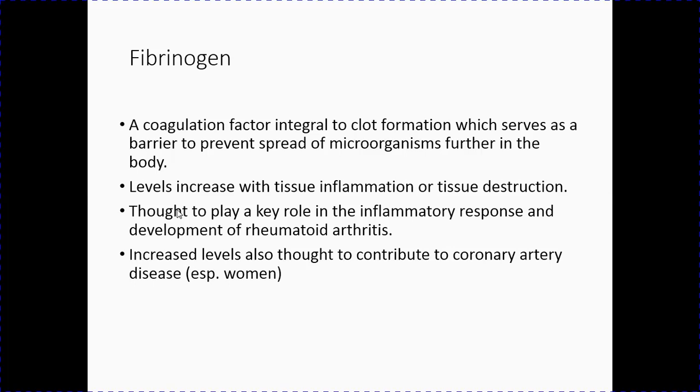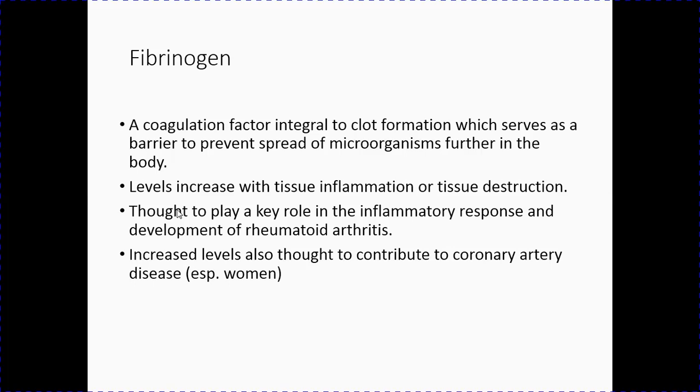Fibrinogen, you'll see this a lot in other classes as well. Fibrinogen is an acute phase reactant protein that's involved in clotting. We call it a clotting factor, and it's required to form a clot.